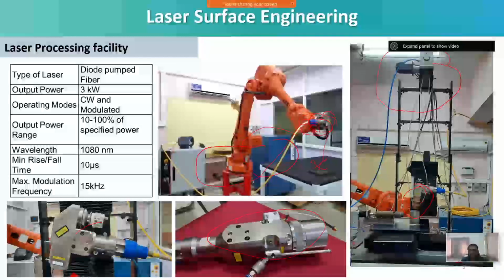So using this you can do laser surface treatment or cutting, welding, and using this you can do any kind of alloying or cladding. This is basically a 3 kilowatt fiber laser, which is a workhorse in our laboratory doing multiple operations. So far we have completed multiple industrial projects, and still we are doing a few consultancy projects using this particular laser source.